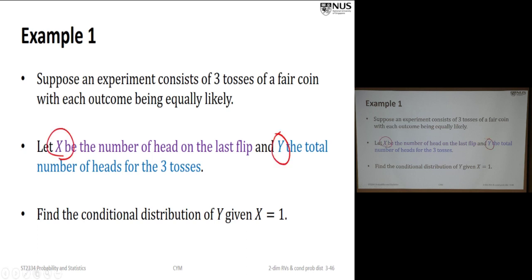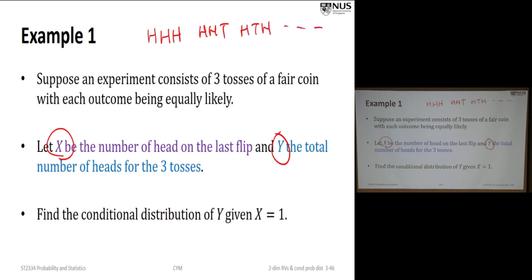X represents the number of heads in the last flip. So we have 3 tosses. This is one of the possible outcomes, one of the sample points. This is another one. This is another one.